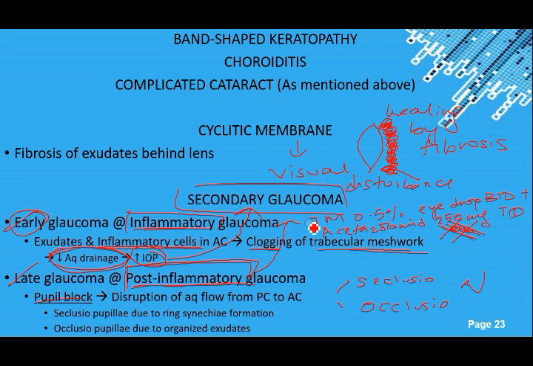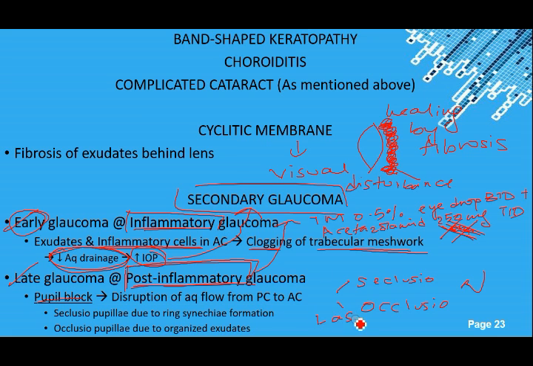This is to decrease the intraocular pressure. Simple. For post-inflammatory glaucoma, you're not going to give timolol maleate and acetazolamide, because here the problem is not with aqueous drainage but rather with obstruction. So you need to remove this obstruction, am I right?